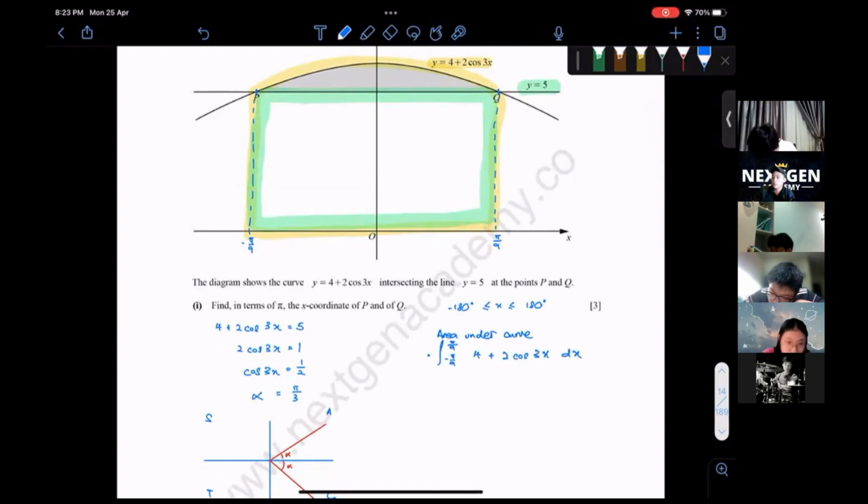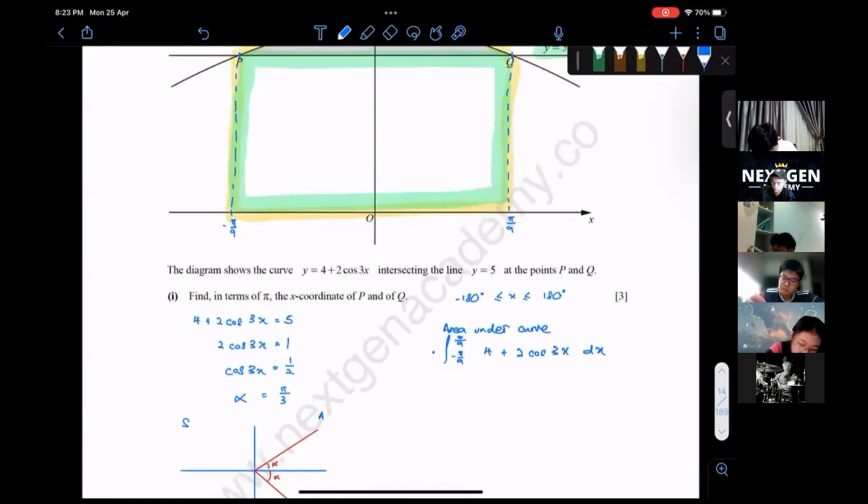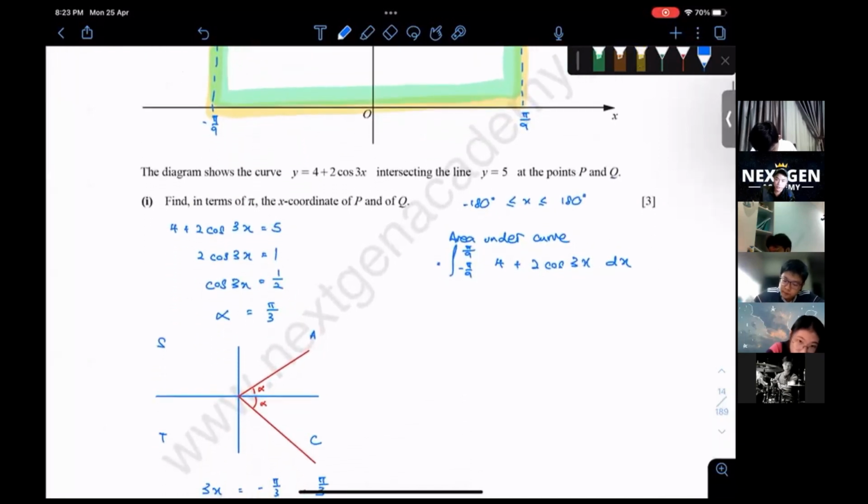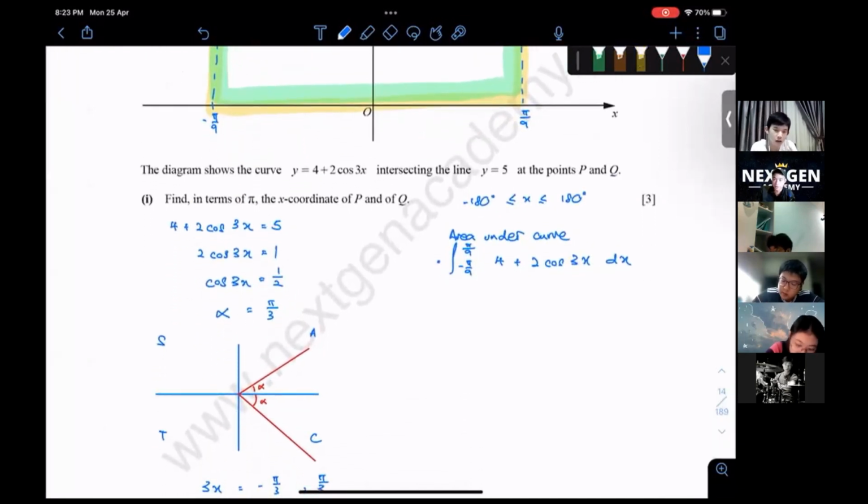You can immediately do the 4 plus 2 cos 3x minus 5 also can. Those who want to do that, make sure you practice first before you use it in the exam. If you are not clear, just avoid that method. So go and integrate this.